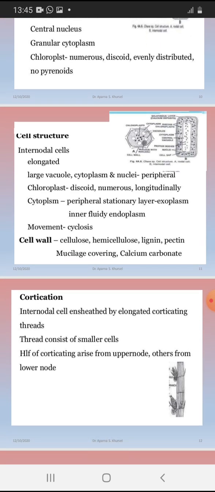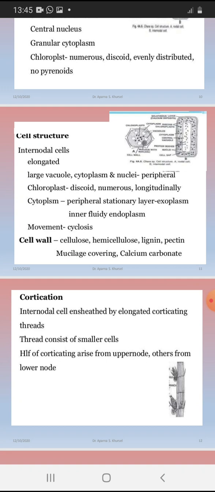Internodal cells are single cells. They are long and elongated and show the presence of a large centrally located vacuole. Cytoplasm and nucleus are peripheral in nature, that is they are present towards the cell wall.